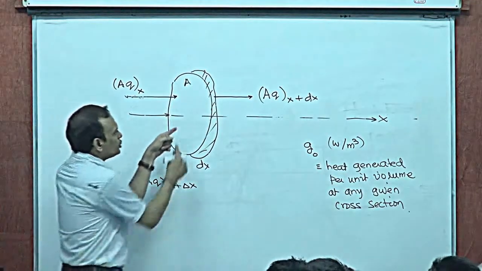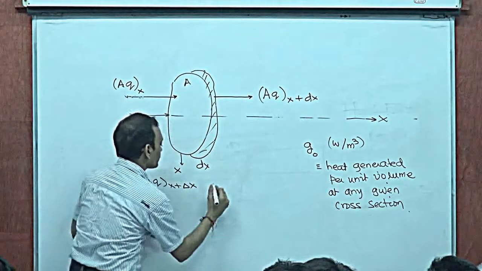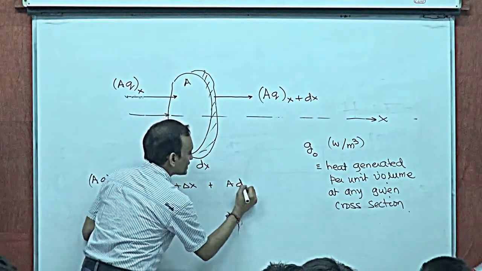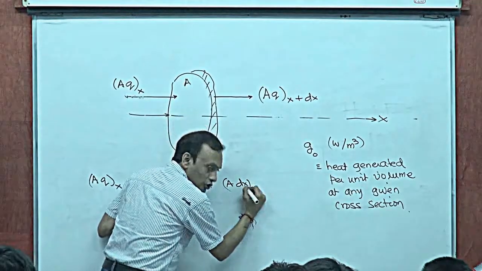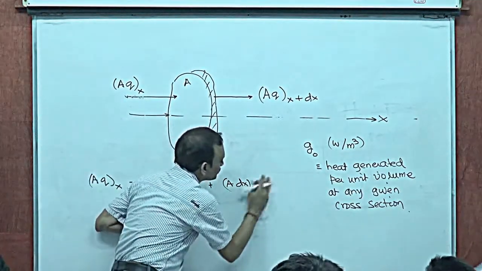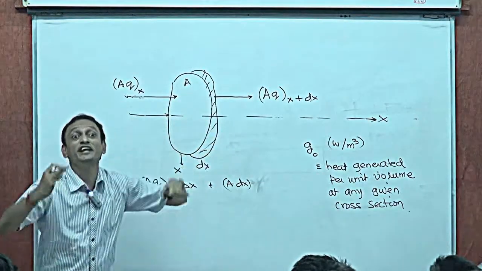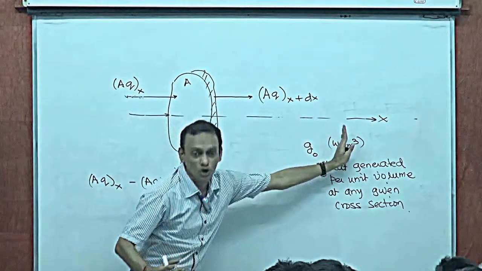Now, the volume of this I can approximate to A into dx. I just need the volume of this, so A into dx is the volume of this cross section. The heat generated would be A into dx into G0.